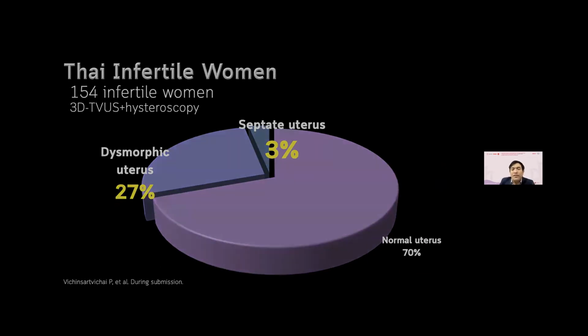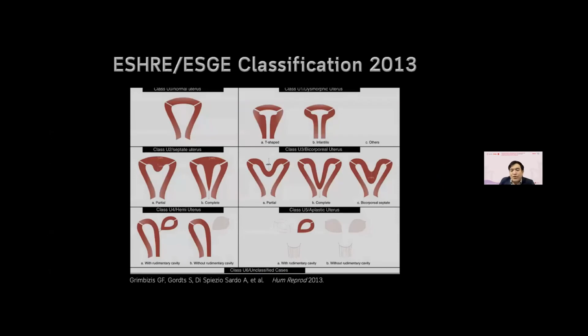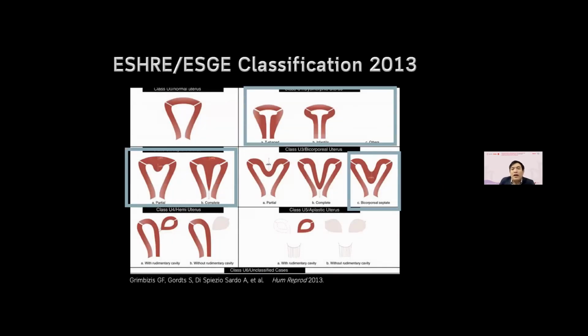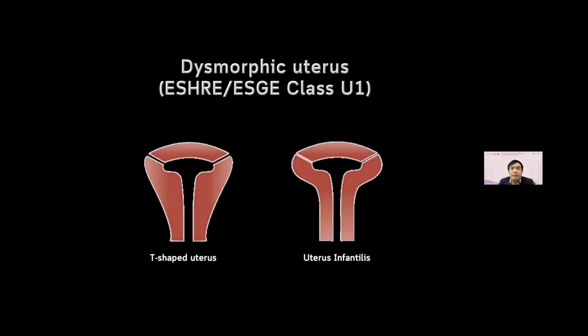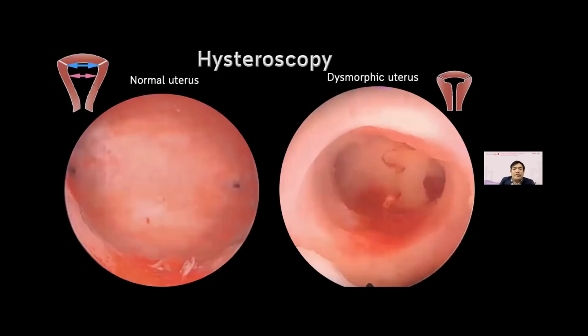With this, we can easily treat in the office with just the bipolar needle. For example, this dysmorphic uterus, in the ESHRE ESGE classification, is classified as class U1. So this is the comparison. You see the left panel is the normal uterus, and the right panel is a dysmorphic one. The dysmorphic cavity is smaller and pale, and you cannot see the tube opening.